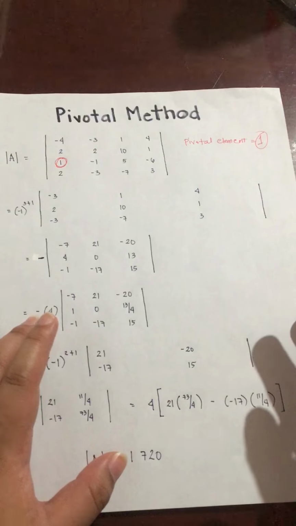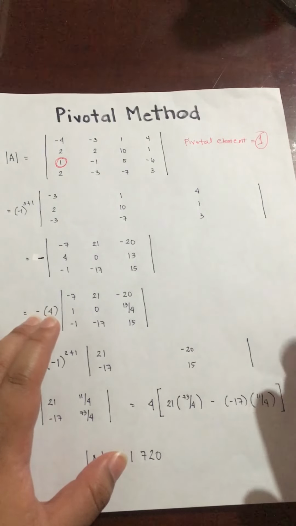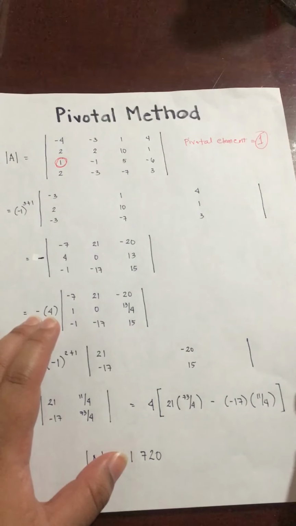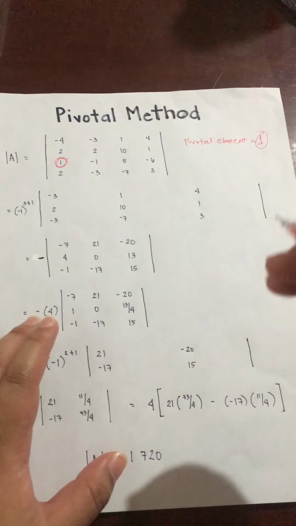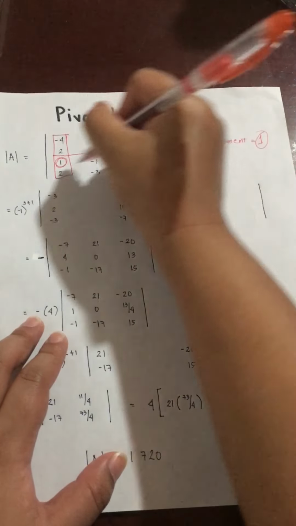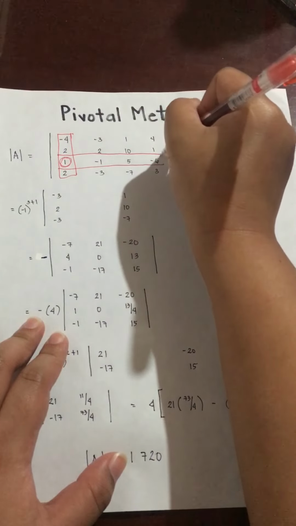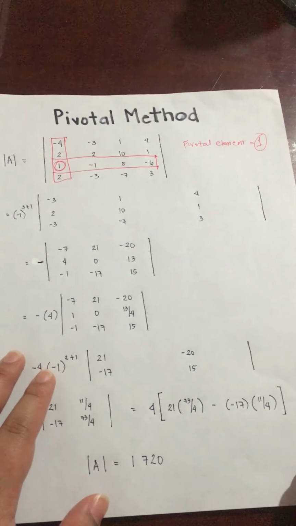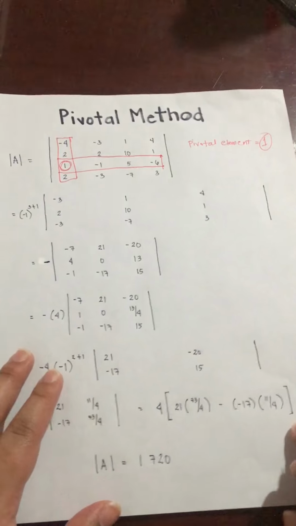Next, after choosing the pivotal element, we will again cross out the included column and row of the pivotal element, which is here and here. Then, let's proceed for our next step.